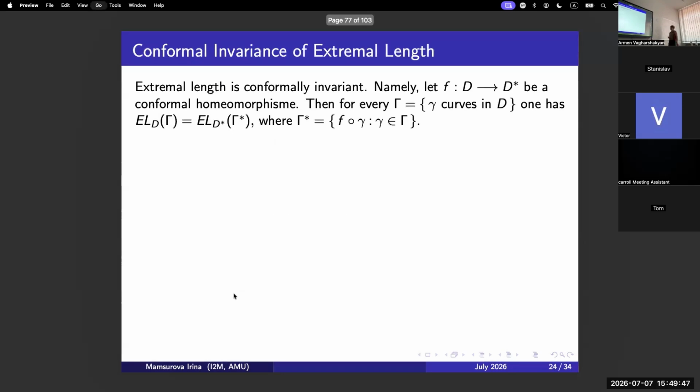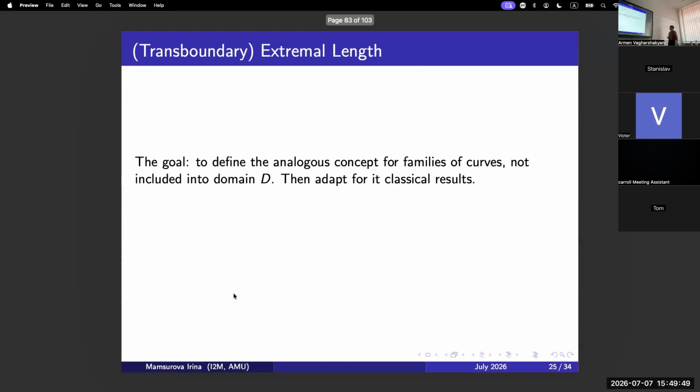And the method which Schramm used is to generalize it somehow to the case when our curves can pass through parts which are not in our domain.